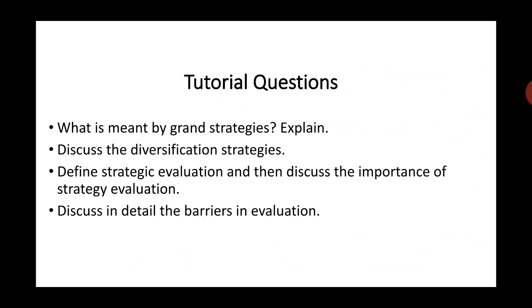We have to talk about related and unrelated diversification. If you get a question like that, discuss means talk about it, explain it. If you feel your explanation is not that clear, provide examples to clarify your idea. But first explain it, then provide an example to be on the safe side.